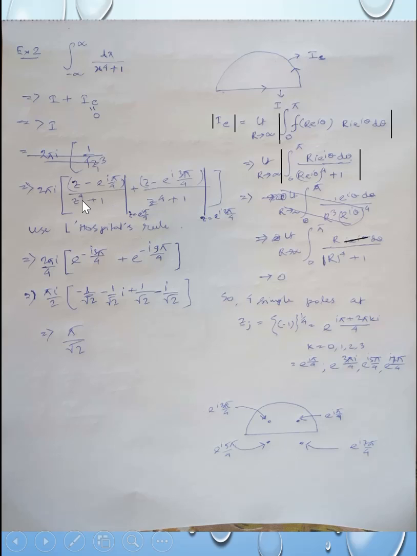You can also do the problem in another way, if I write this equation as z minus z1 into z minus z2, z minus z3, and z minus z4, but I have not written it because that will be a very tedious job, right?